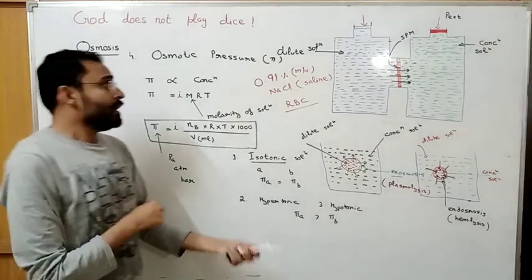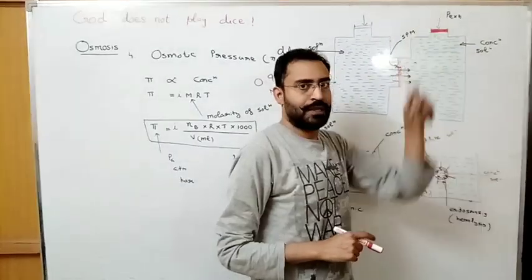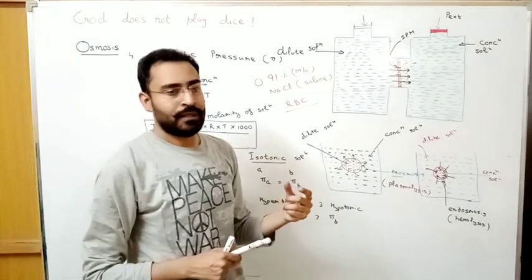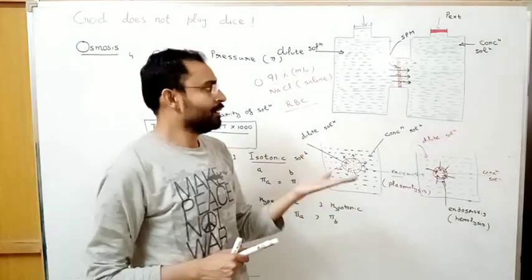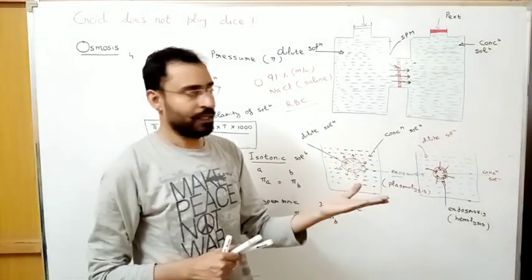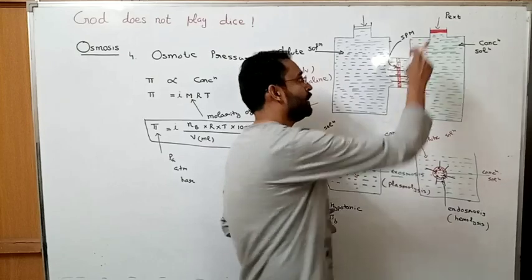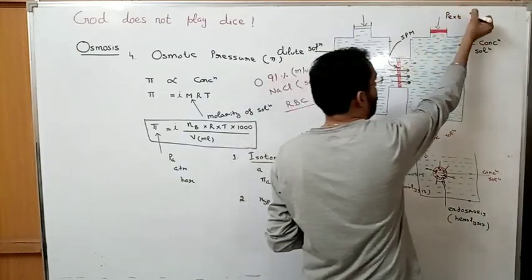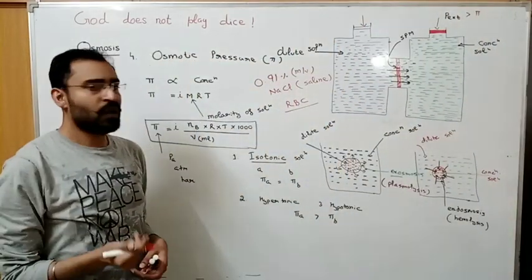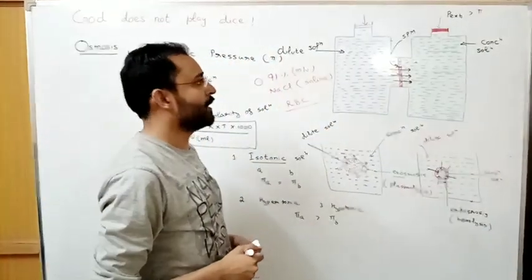Lastly, students, you know what is osmotic pressure? It's the minimum pressure which is applied on concentrated solution to prevent the inflow of solvent molecules into the concentrated solution. That is osmotic pressure. What if we apply external pressure which is greater than pi, which is greater than osmotic pressure? Suppose we press here. Ultimately what will happen?